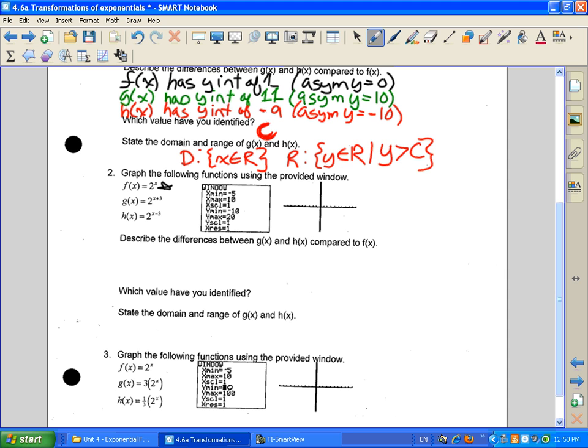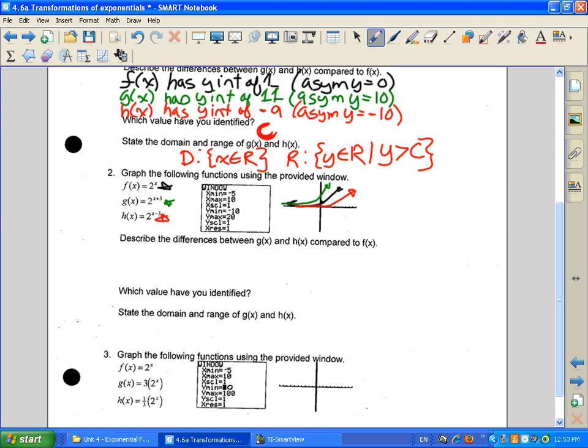So we know that our 2 to the x had our y-intercept right here. And then the +3, it actually shifted 3 this way. And then the last one, h at x, it actually shifted this way.